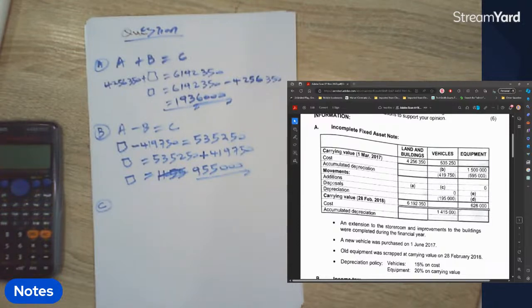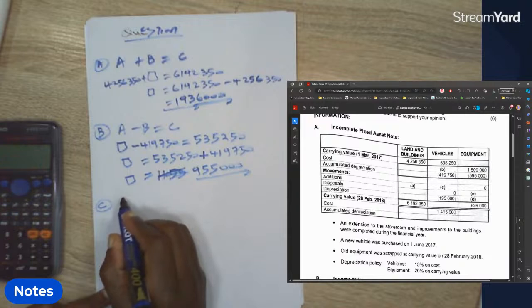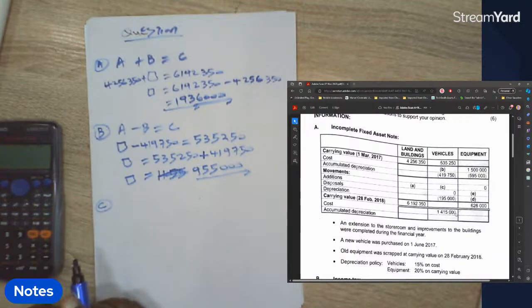Right? So we have our cost at the beginning, we calculated, right? We have the cost at the end, so the cost during the year is the base. Remember we have the cost at the end, 141,500. Then we can get the cost during.